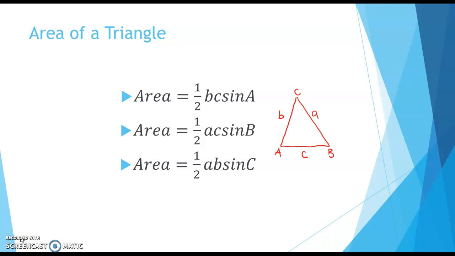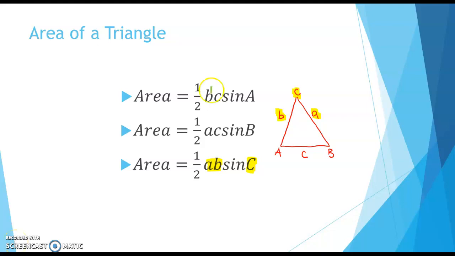So if you notice, you don't need all three sides of the triangle in order to use this formula anymore. This formula works whenever you have side angle side, or two sides, like B and A, and then their interior angle. You have sides A and B and angle C. It doesn't matter which formula we look at, it's all going to be the same way.